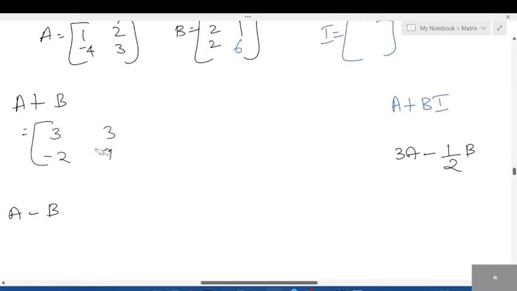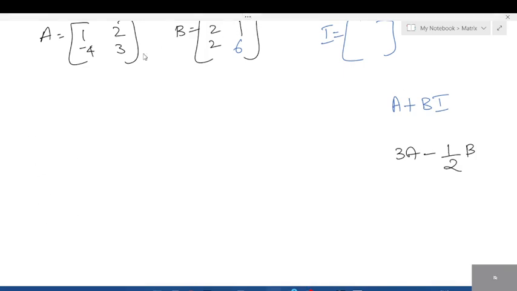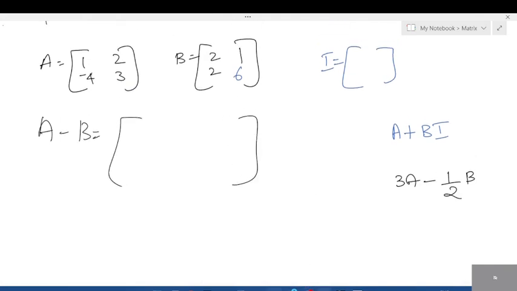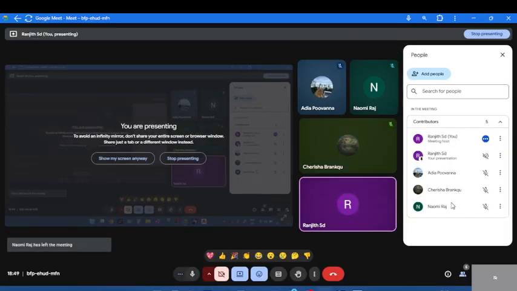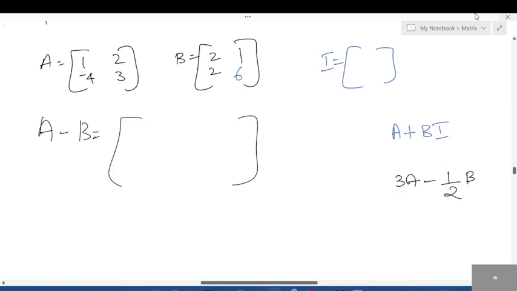How do you solve this question, Lemula? A minus B. Tell me A minus B answer. Oh, yeah. Two students have left. Yeah, Cherisha and Adi answer this.